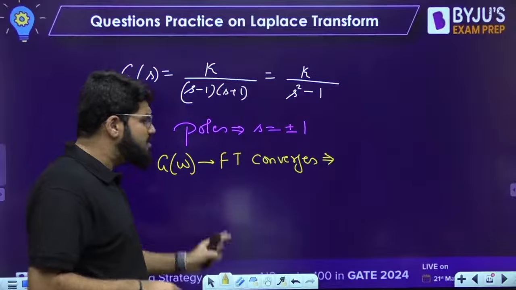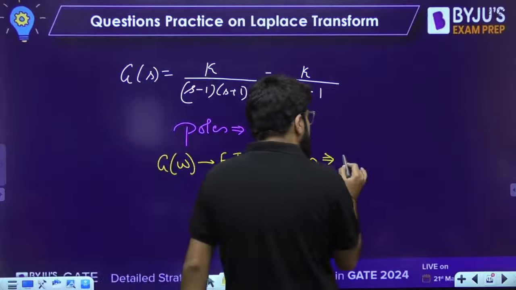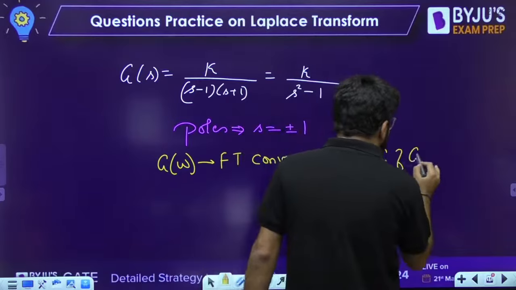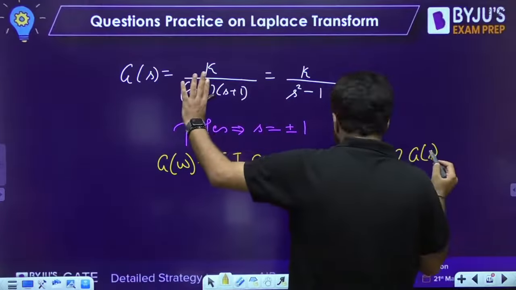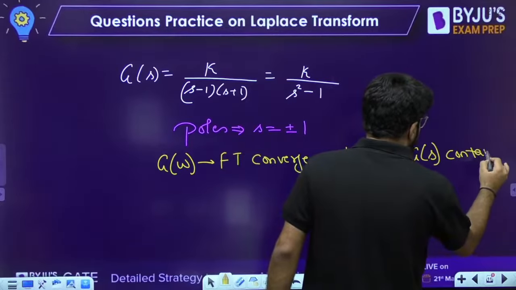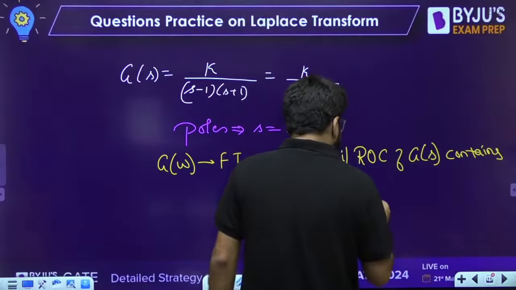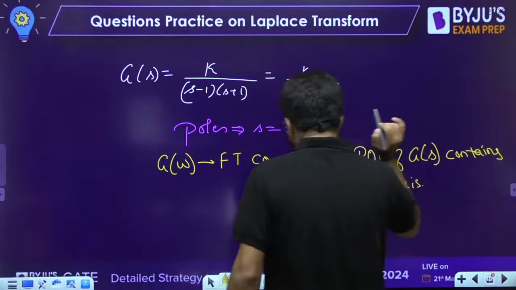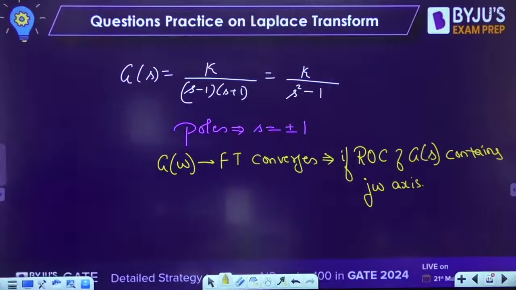So the Fourier transform converges if the ROC of the Laplace transform of G(s) contains the j omega axis, the imaginary axis. Done hai ji?